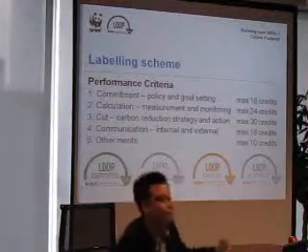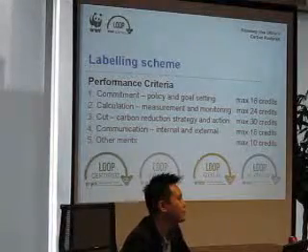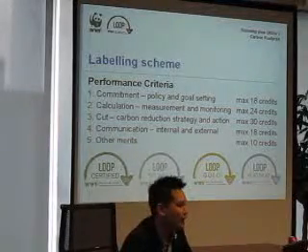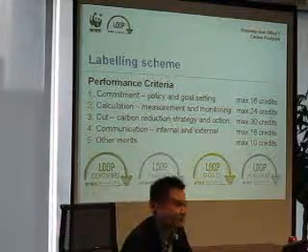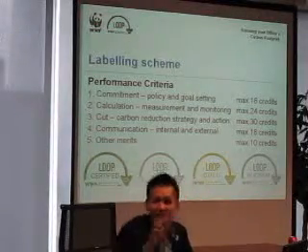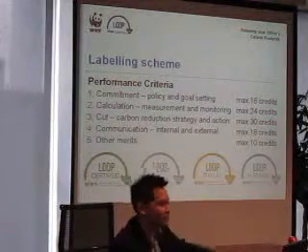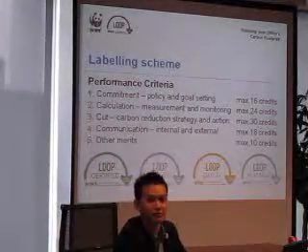These are all measured and evaluated against a set of criteria. Then WWF will benchmark all the new companies that have gone through the labeling process and do a normalization of the results, and then you will get a respective label according to performance: certified silver, gold, and the best is platinum.